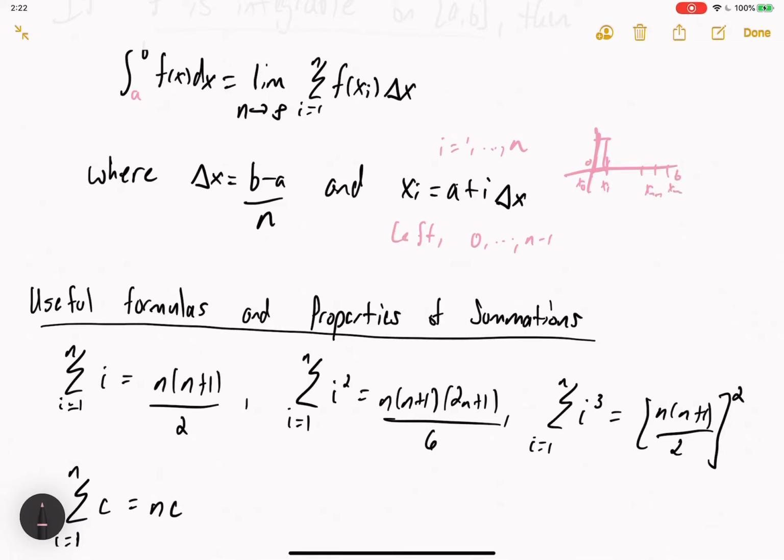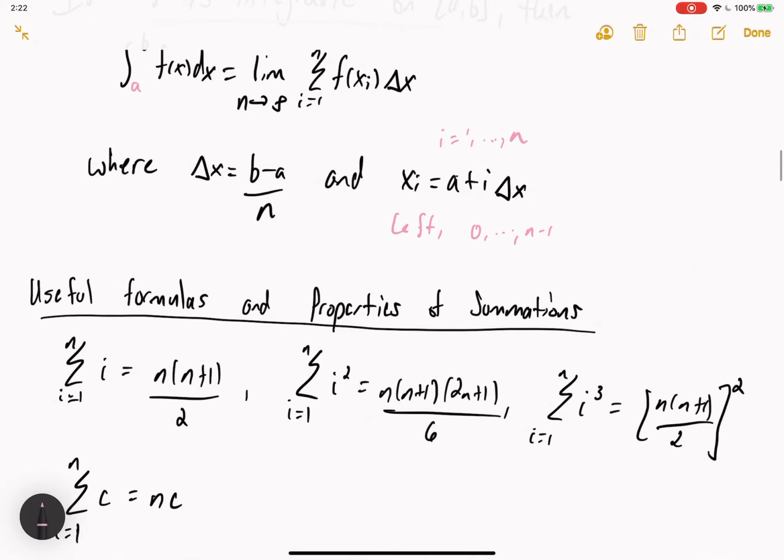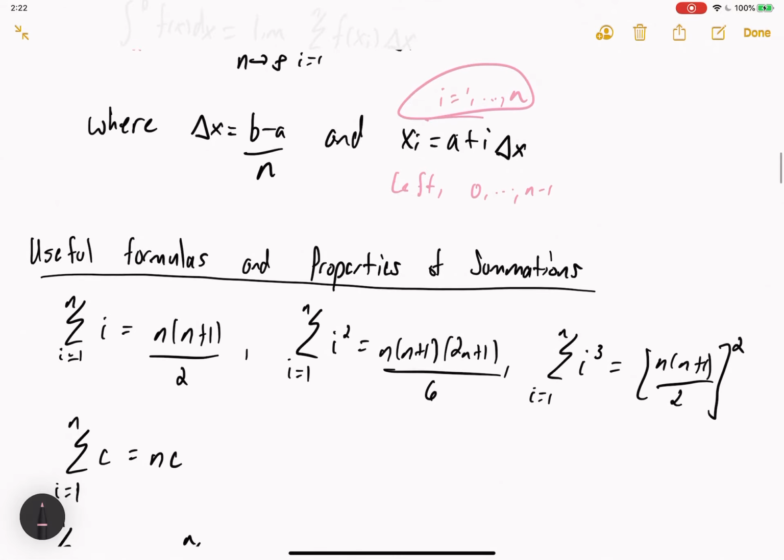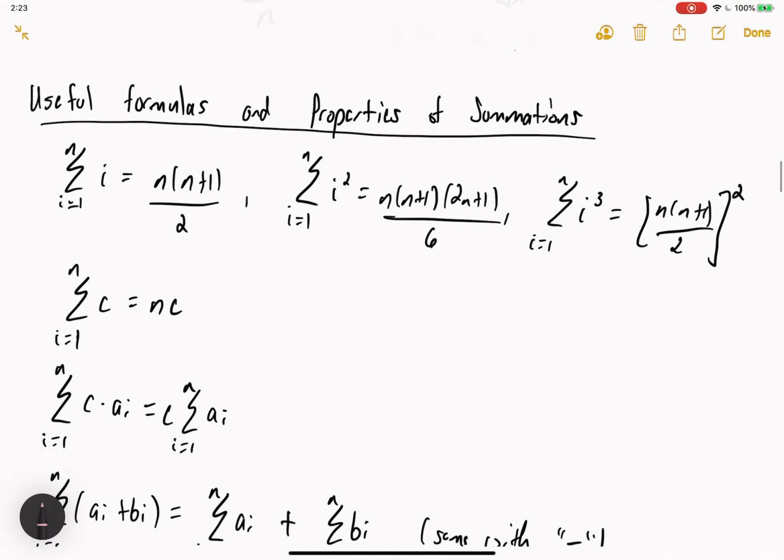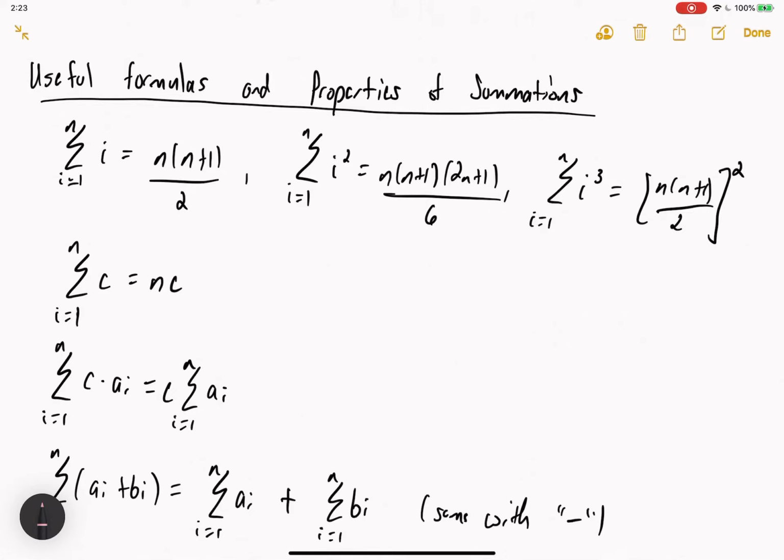This would actually be b. So our left endpoint would be this one right here, x_(n minus 1). So the right or left endpoints correspond to a shift, either we go from 0 to n minus 1 or i is equal to 1 to n. But really, we're going to do the right endpoints. That itself is not too important, I wouldn't worry about it too much. Just be a bit careful, and double check real quick if you're unsure.